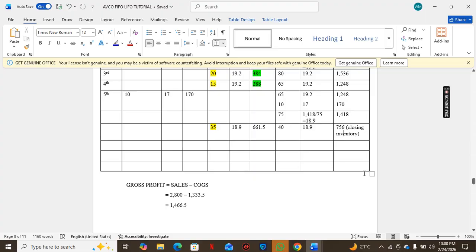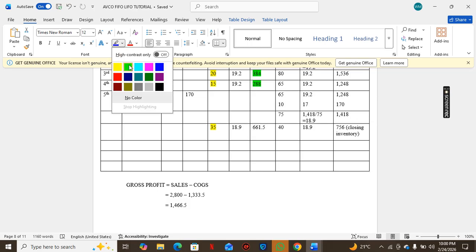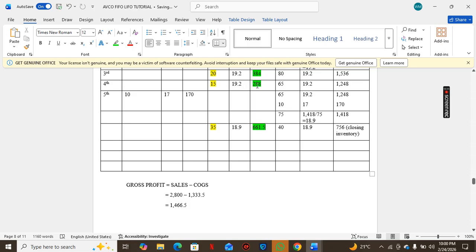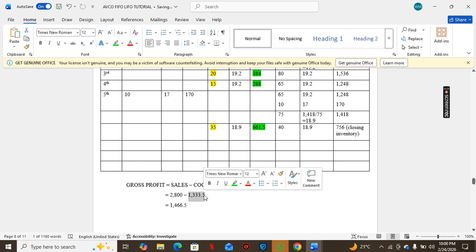For the cost of goods sold, we just add these values for the issues here. 384 plus 288 plus 661.5. I believe you should get 1,333.5. Colleagues, just confirm with me. 1,333.5, right?